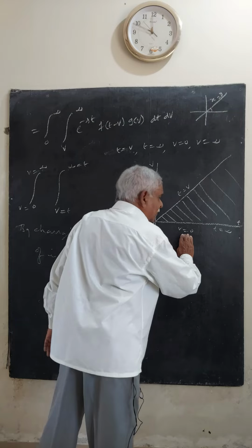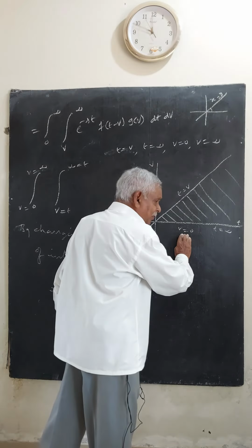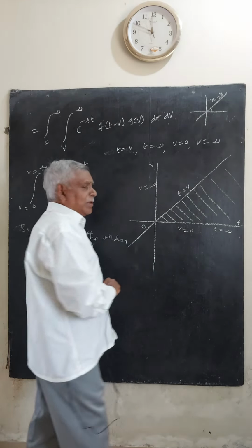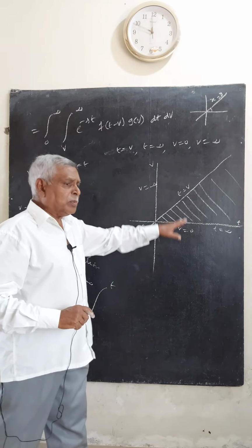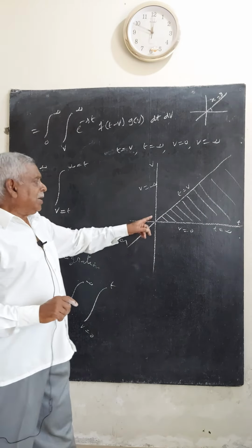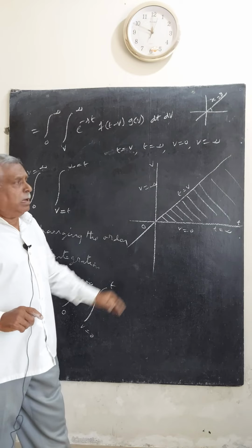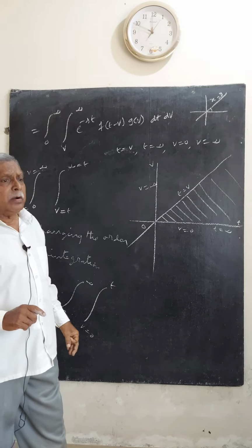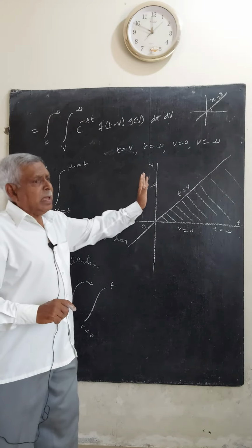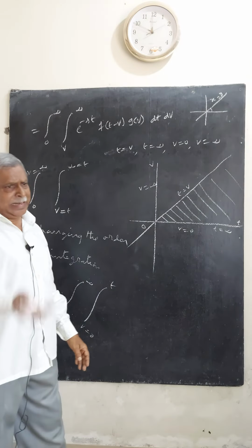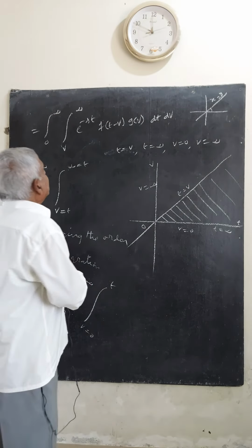See, lower limit is v equal to 0. Lower curve is v equal to 0, upper curve is v equal to t. Bottom to top. If you take in the v axis, left to right, we will use it later in multiple integrals.